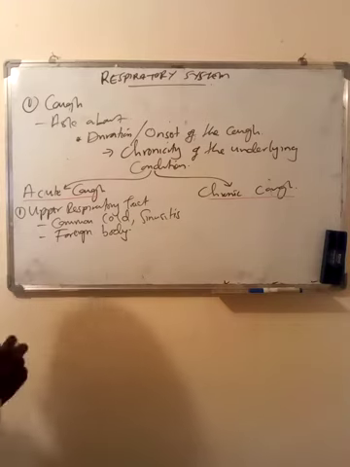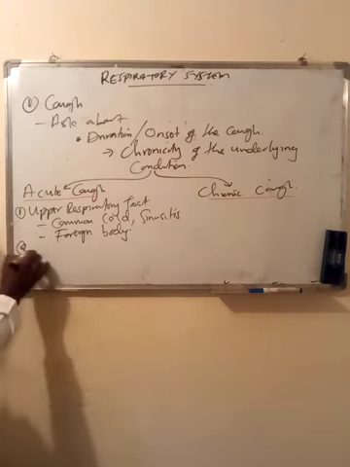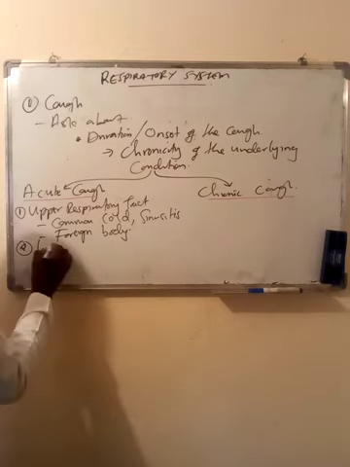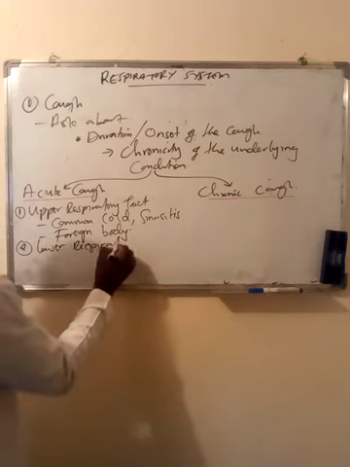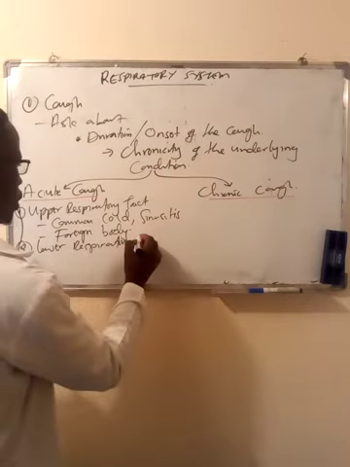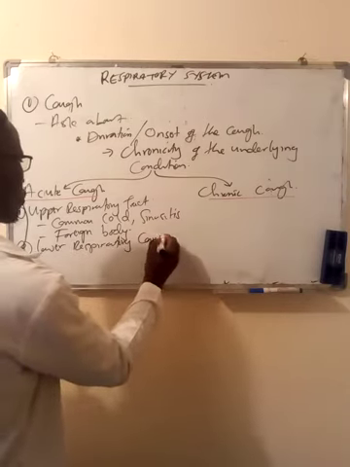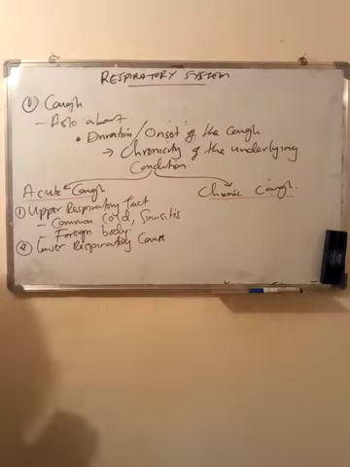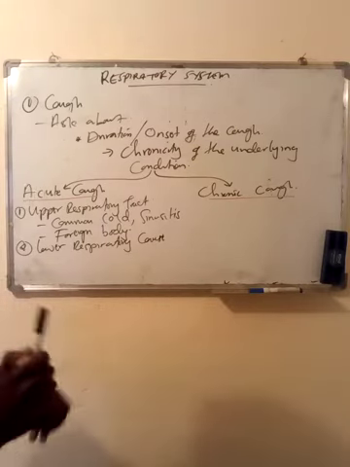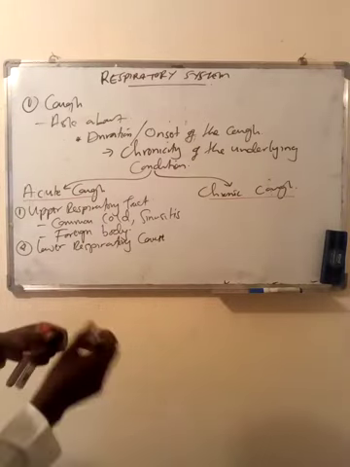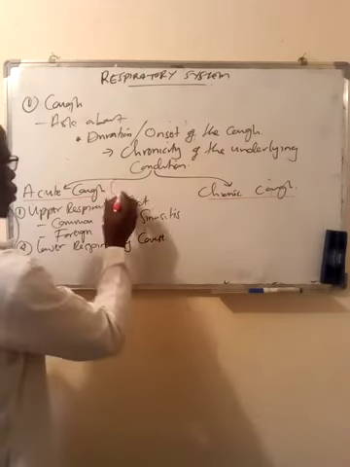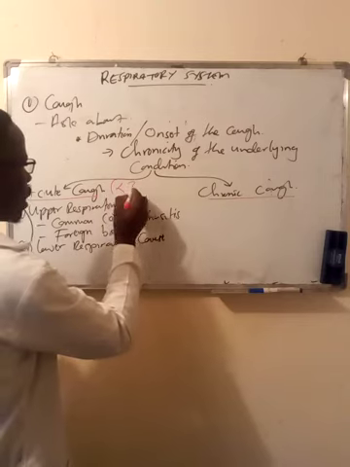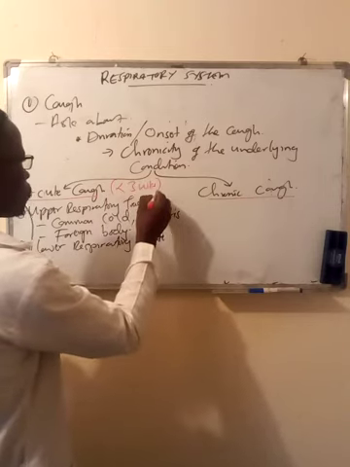Anything equal or less than 3 weeks is classified as acute cough. Then chronic cough is usually if it is beyond 8 weeks. Cough that is beyond 8 weeks is classified as chronic cough. So you can see that the common cold does not usually present with a cough that is lasting more than 3 weeks.